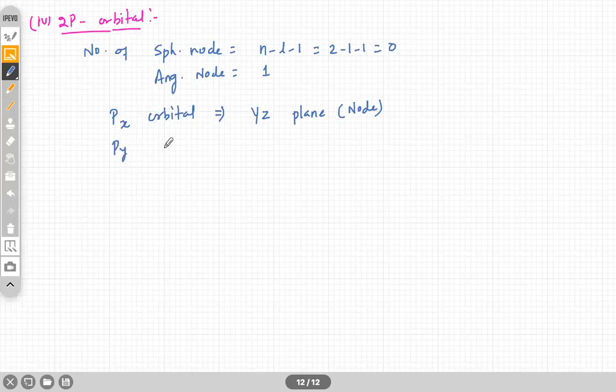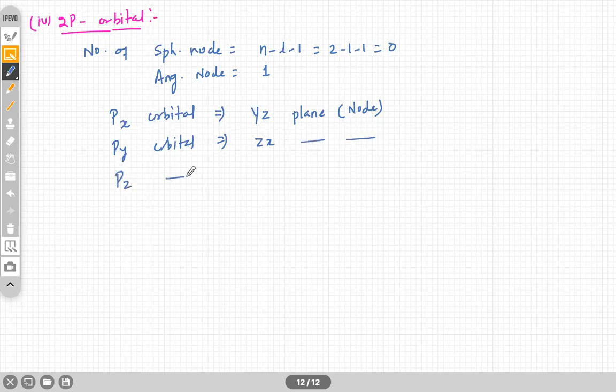Similarly, if you take a py orbital, the perpendicular plane to this is the ZX plane, and that is the node we have. For the pz orbital, we have the XY plane as the node. Okay, so this you must keep in mind.